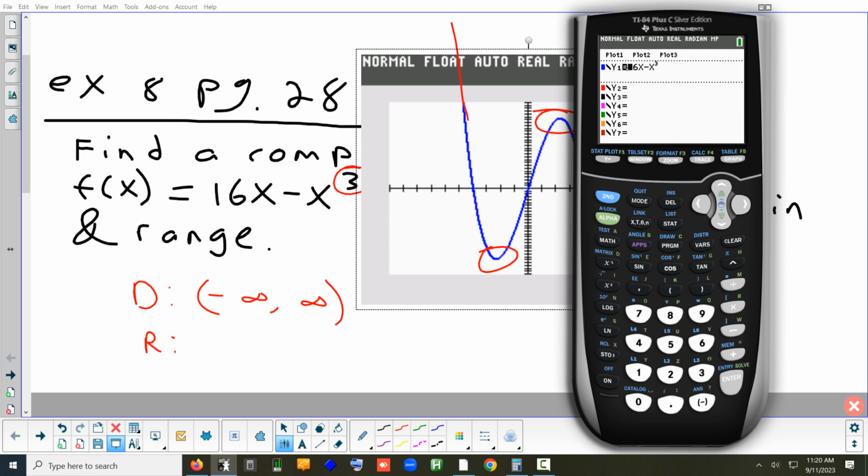Let me take a look. Cubed. So right now it doesn't have it. Now it does. So now if you hit graph, okay. Any other questions on getting that picture?